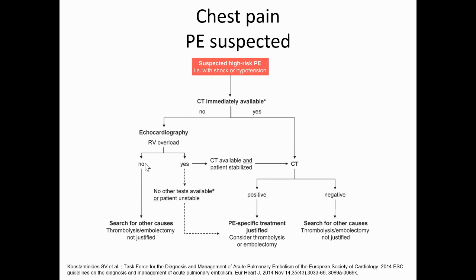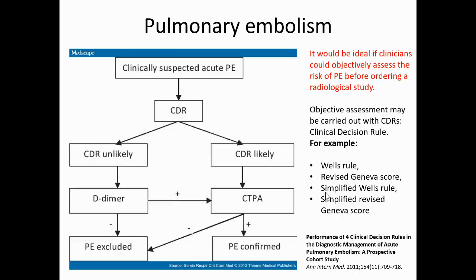If there is no right ventricle overload, then PE, or pulmonary embolism, is highly unlikely. If there is, then they will try to get the patient into CT. And again, if CT is available, then CT is performed, and CT will either prove pulmonary embolism or disprove it.